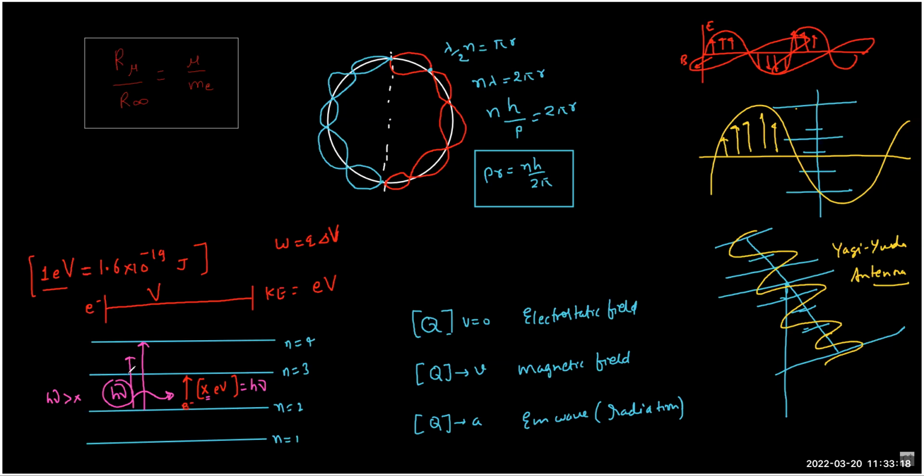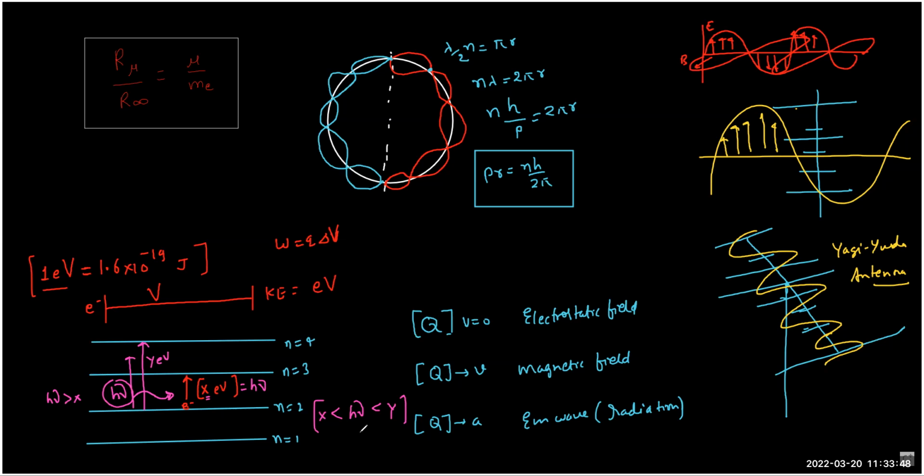Let's say this other transition requires y eV energy. What will happen if h nu is more than x, but somehow not enough to be y? How will the atom interact with the photon when the energy of the photon is something like this?